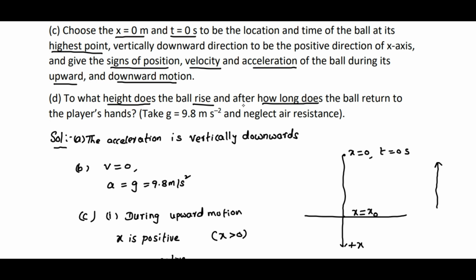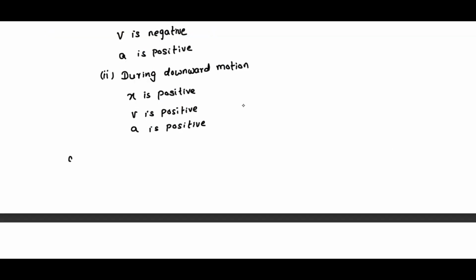We can write here u is equal to minus 29.4 meter per second for upward motion.